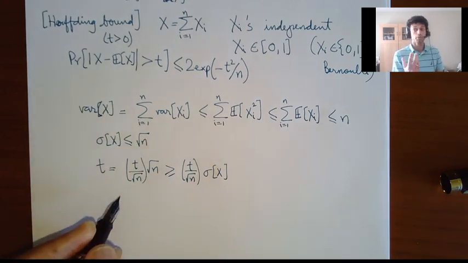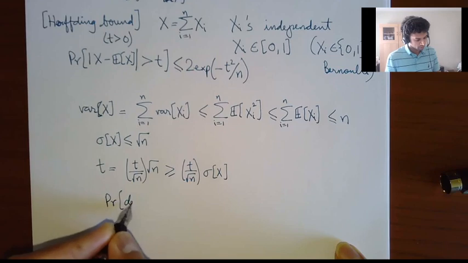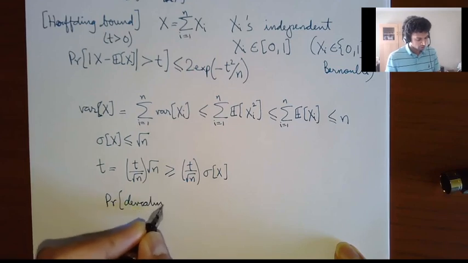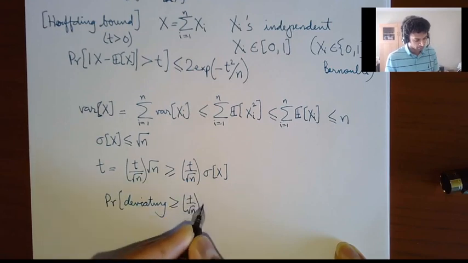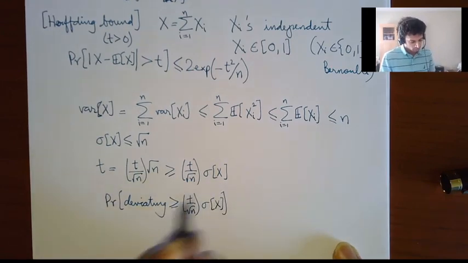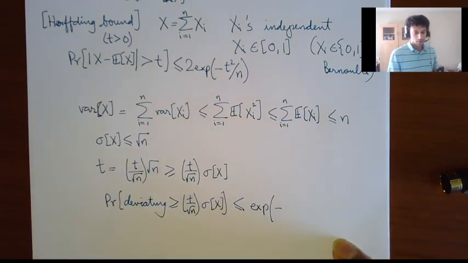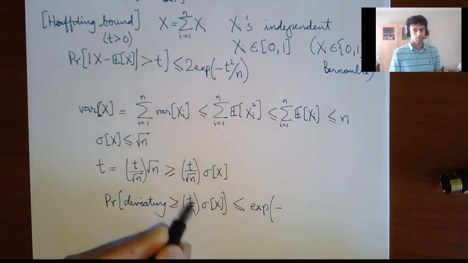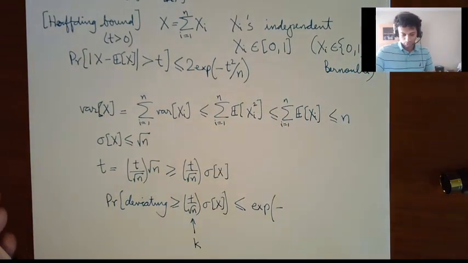Now, by the rule of thumb, the probability of deviating more than t divided by root n standard deviations is e to the minus k squared, right? This is my k. Let me show you this bound again.